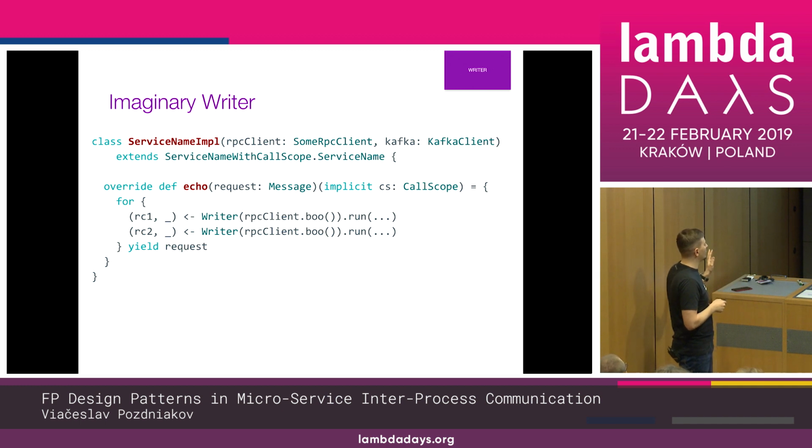For example, if we run a writer, here we provide just the initial state for the writer, the default state, yeah? And if you run it, then we probably get a tuple, which will contain a response context, the thing which was written inside the monad, and some result of the computation, which we don't really care about. And here we have a huge problem. We have two response contexts.